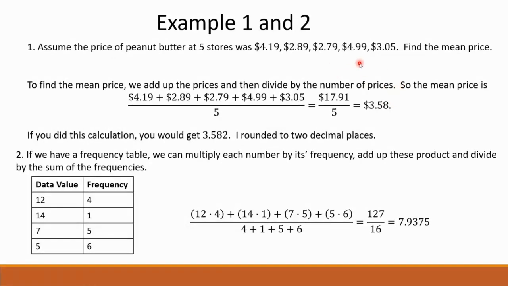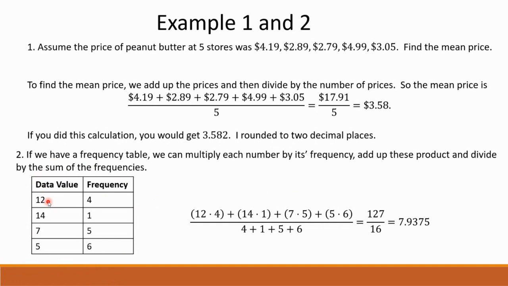So this is if you have the data set in front of you. But again, we saw that we can display the data using a frequency table. Now, do we have to list the data and then take the mean that way? No. We can get the mean very easily.